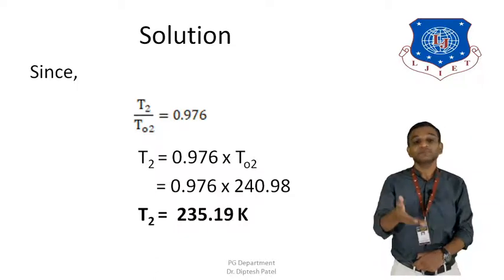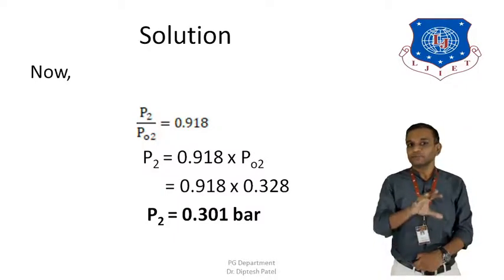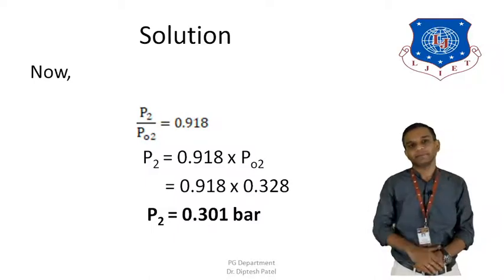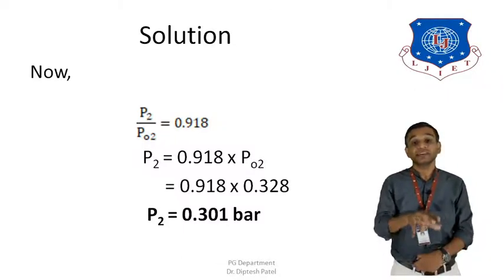Okay, now let's move forward to calculate the pressure at exit, or pressure at section 2. We are going to use the same ratio which we have taken from the gas table. So the ratio says P2 upon P02 is equal to 0.918, and we have the value of stagnation pressure at section 2 as well.